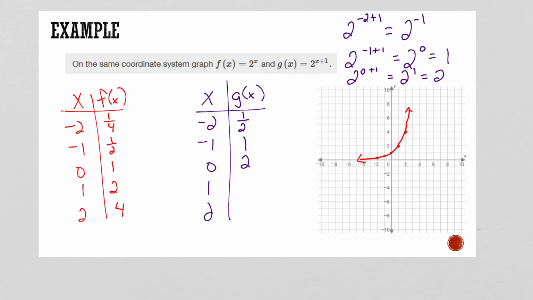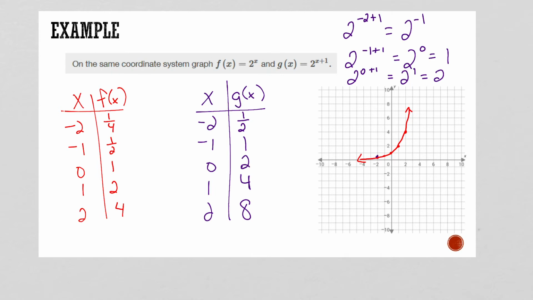Now, if we substitute in 1 right there, 1 plus 1 is 2. 2 to the second power is 4. And then if we do 2 to the 2 plus 1, so that's 2 to the third power, which is 8. All right, so negative 2, 1/2, so slightly above that one.